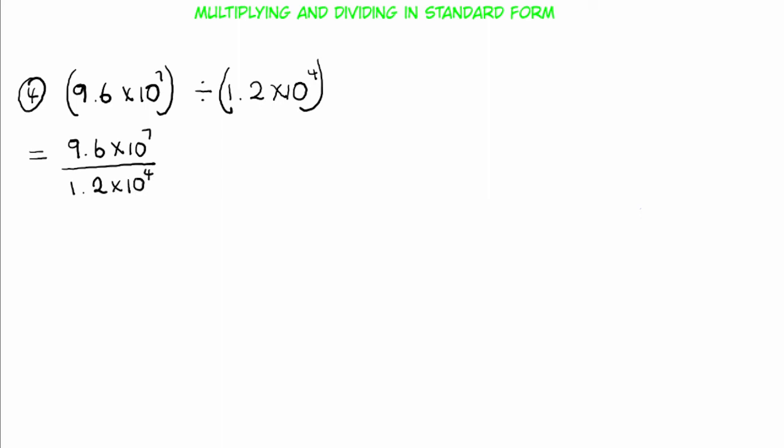Now that we've written it as a fraction, we can clearly see how everything would line up. We're going to go ahead and separate it. So the index parts on one side and the non-index parts.